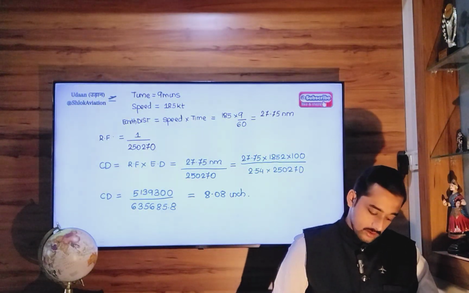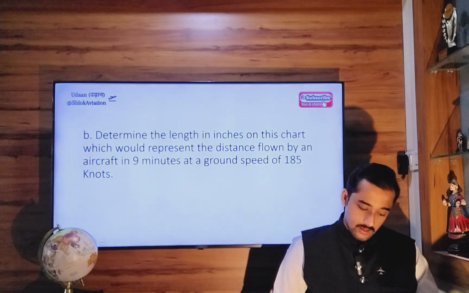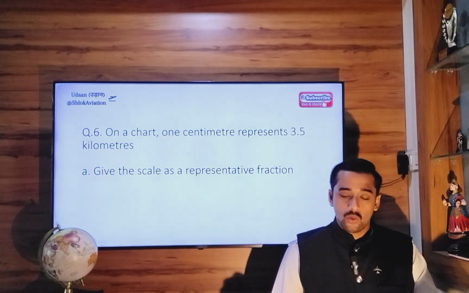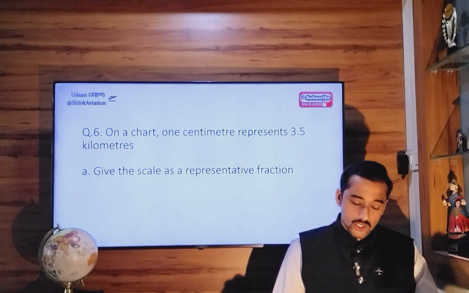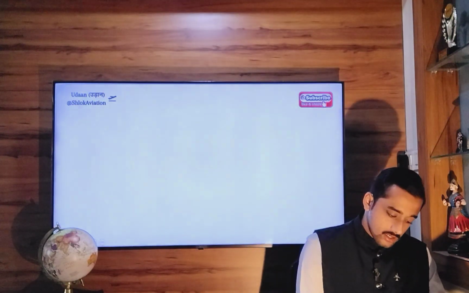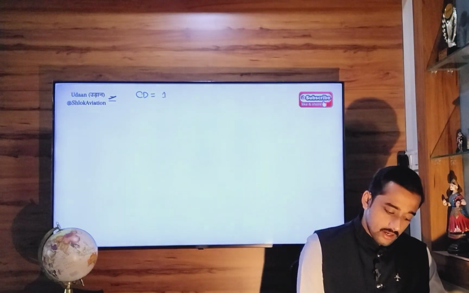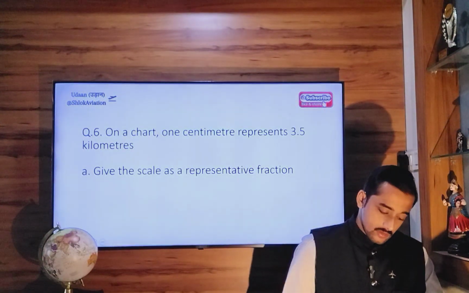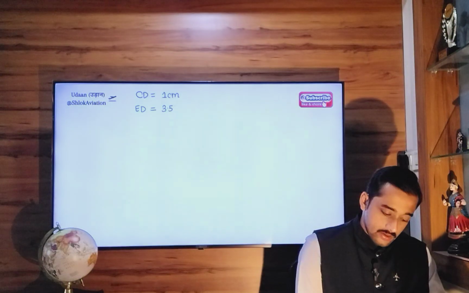Simple. So this is how you do this particular question. Next, question 6 we will do. On a chart 1 centimeter is 3.5 kilometers. What is the scale? So chart distance is 1 centimeter. Earth distance is 3.5 kilometer.